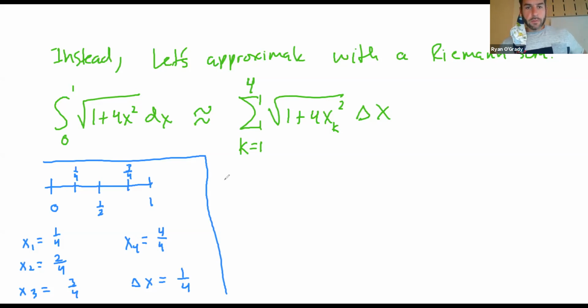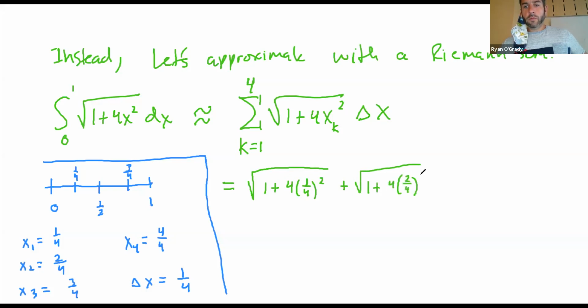this becomes the square root of 1 plus 4 times 1/4 squared, plus the square root of 1 plus 4 times 2/4 squared, plus the square root of 1 plus 4 times 3/4 squared.